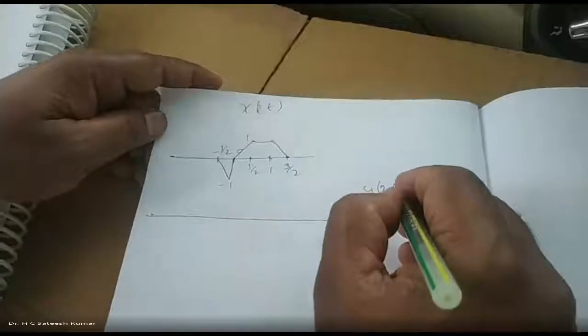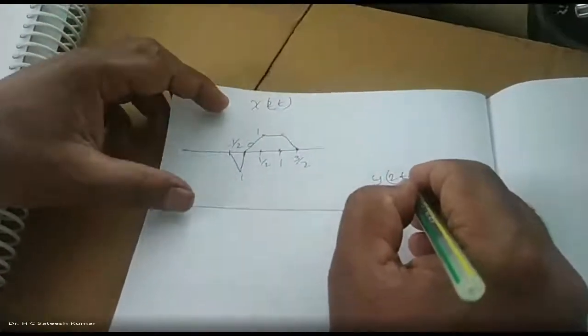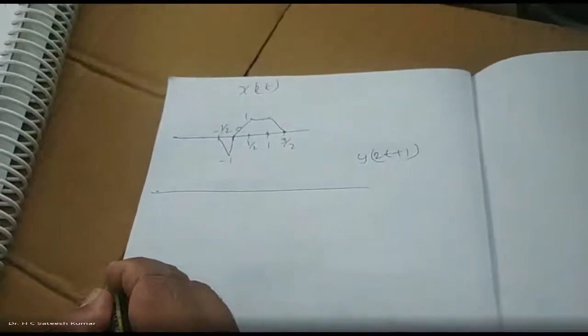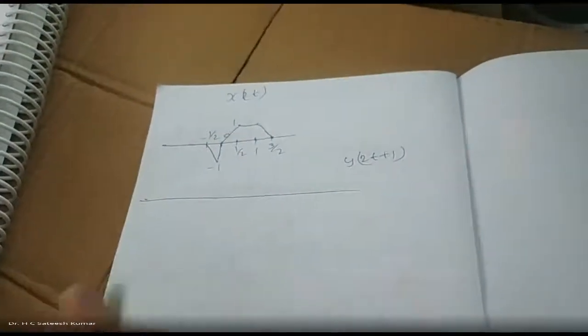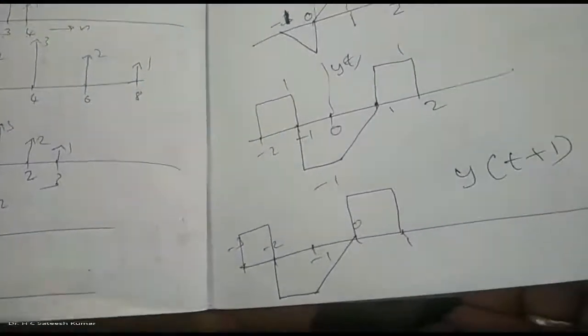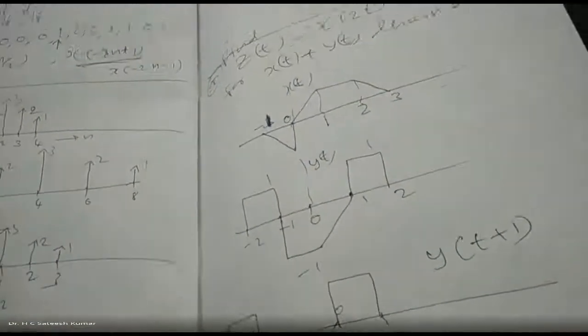Aligned means the zeroth value of x of 2t should be above the zeroth value of y of 2t plus 1. Like that, aligned. Because when you want to do the multiplication, you have to multiply the corresponding values. Therefore, you should write it down below. Corresponding values, you should multiply it, right?